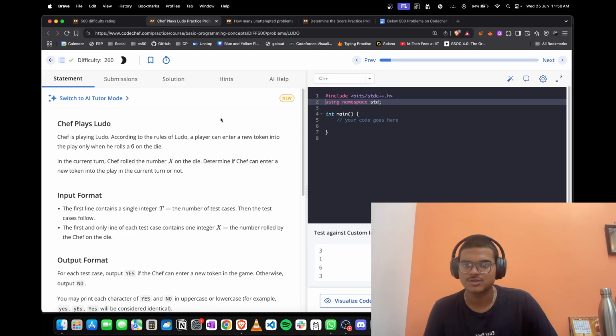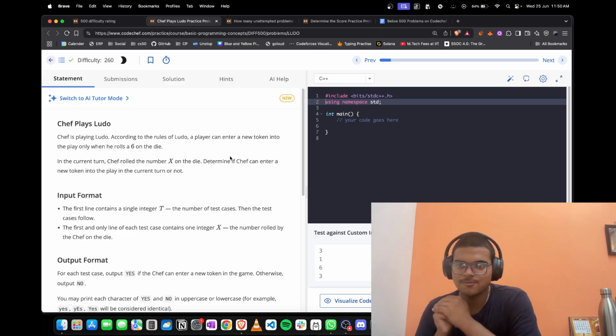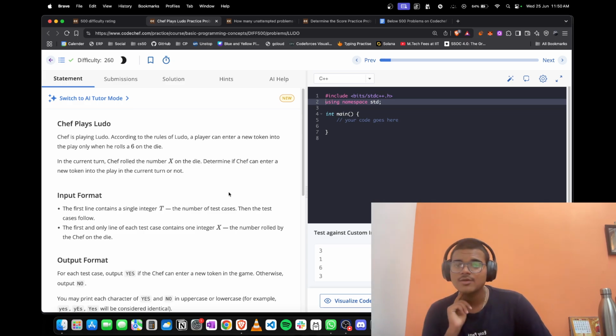Okay, next question. Chef plays Ludo. According to the rules of Ludo, a player can enter a new token into play only when he rolls a six.